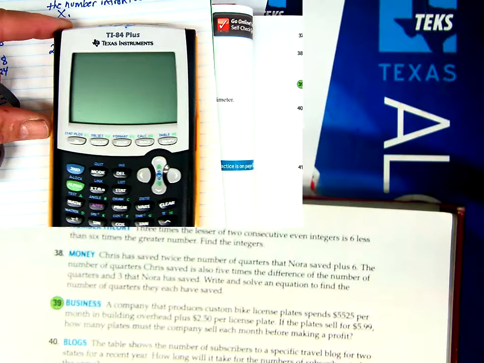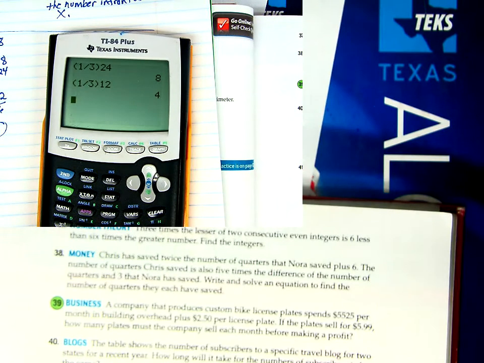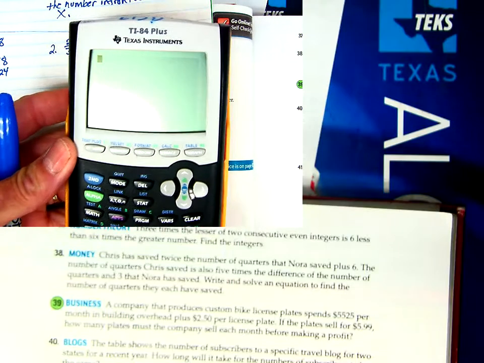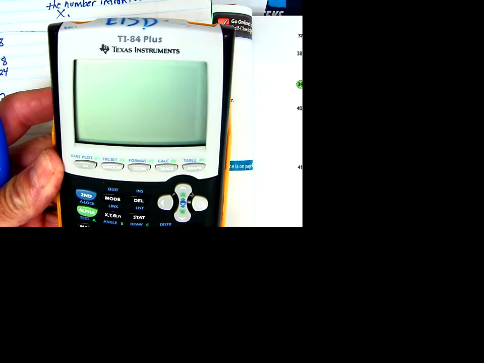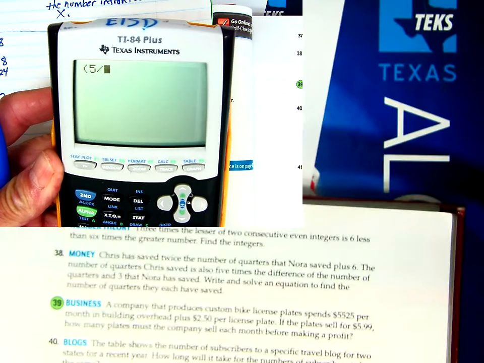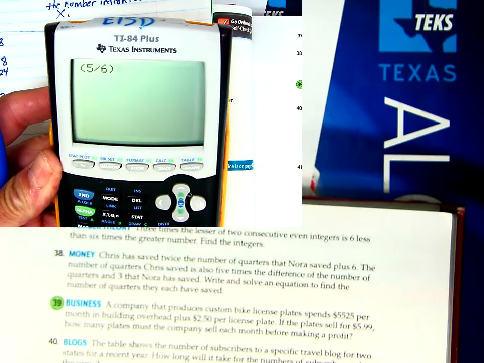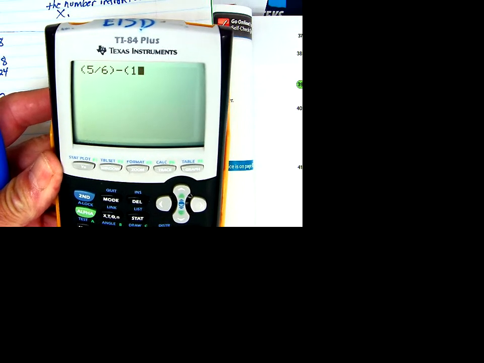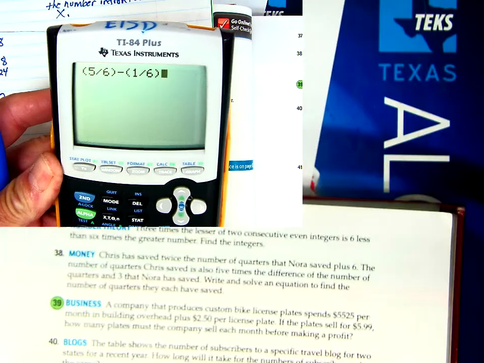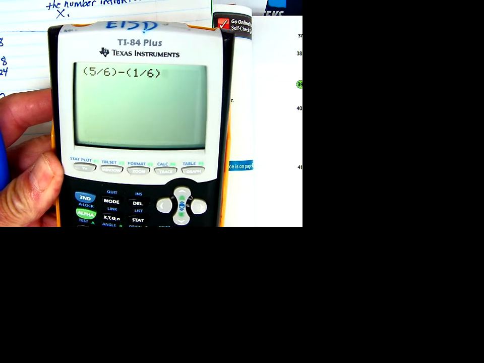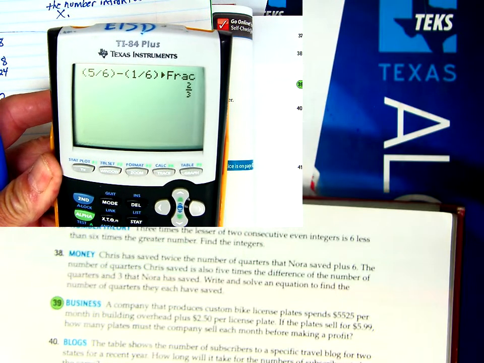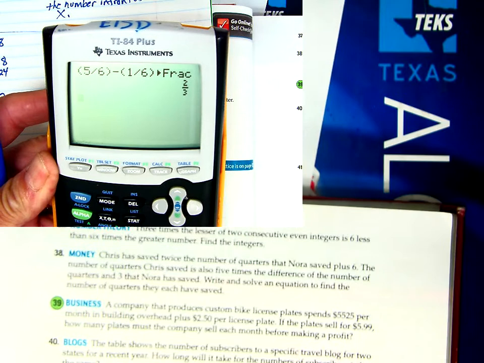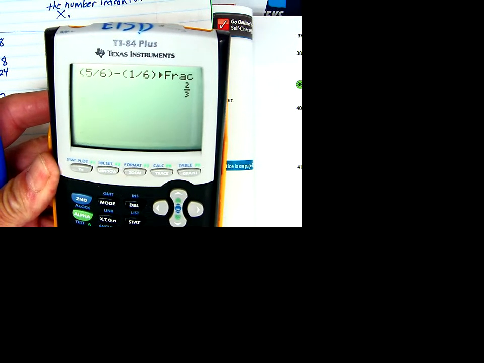The easiest way to do that in the calculator is to write your fractions in parentheses like this. 5 divided by 6 minus 1 divided by 6. And then math, enter, enter. 2 over 3.